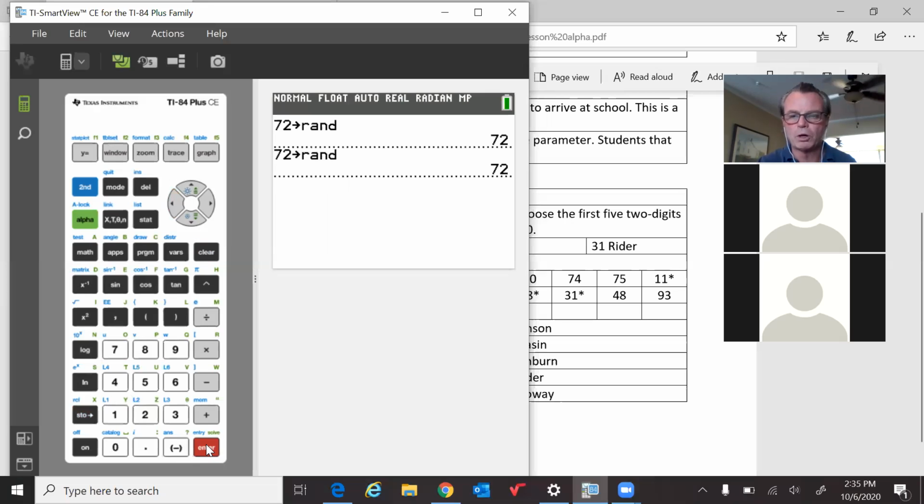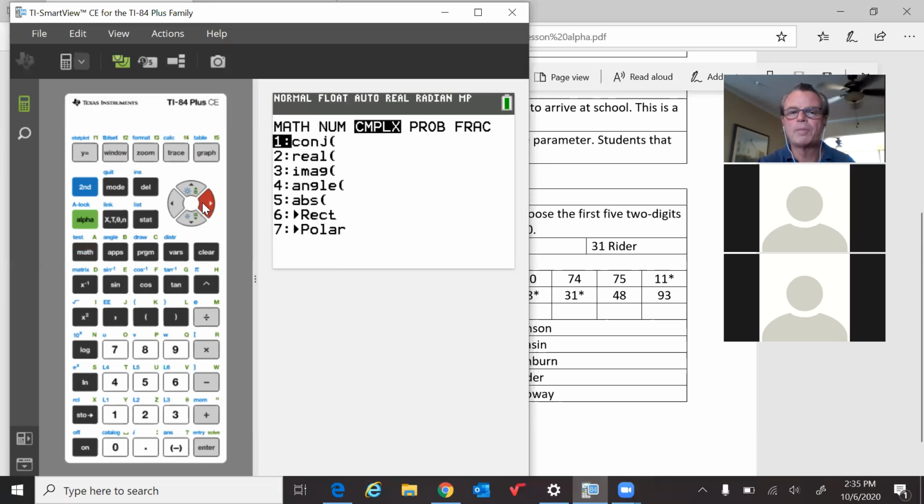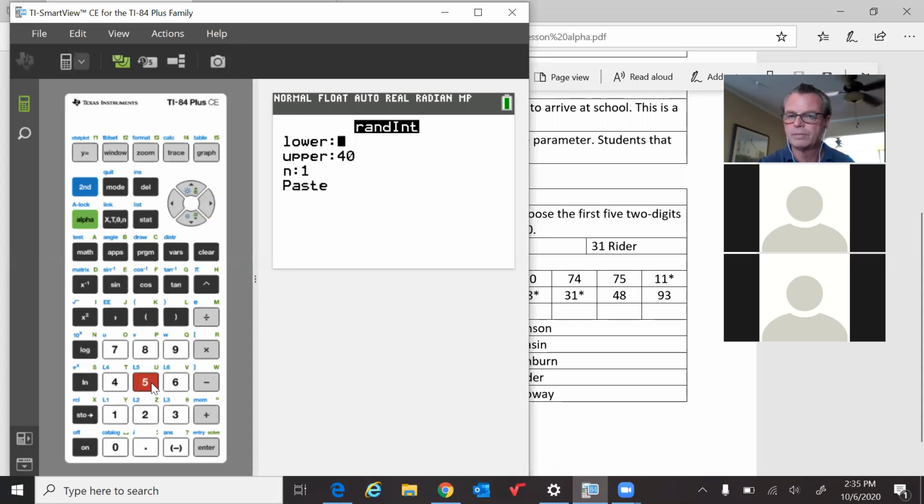So I'm going to go back here and we're going to pick, instead of picking all 5, we'll just pick 2 or 3. Ready? If I go to math, PRB, everybody's got 5. Not everyone has 8. 1 to 40. I pick 3 students.